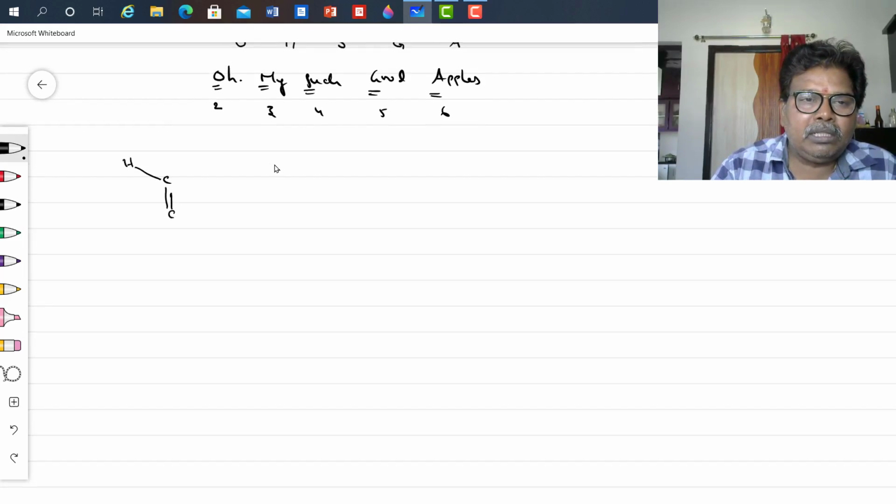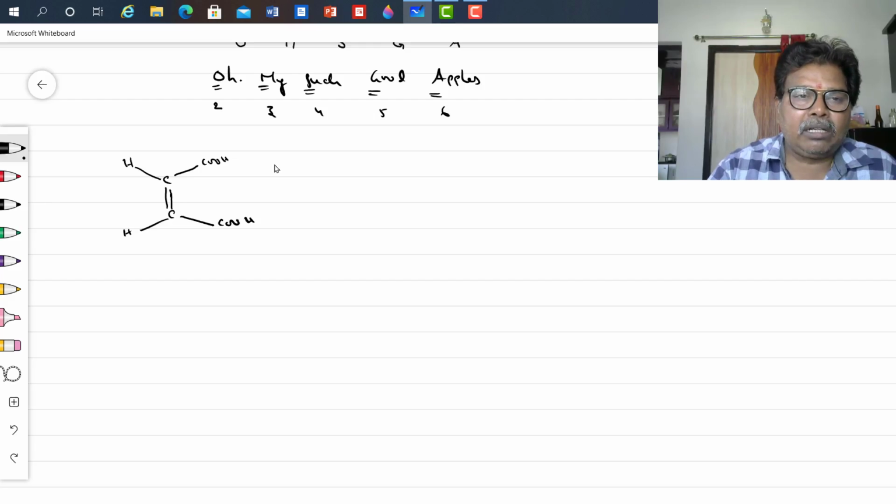HC double bond CH, COOH, COOH. So here 2 stereo centers are there.